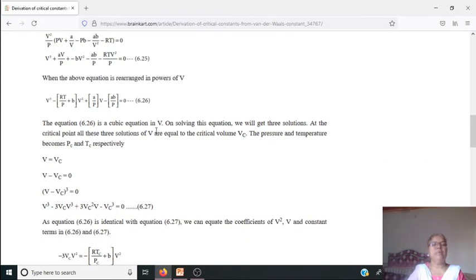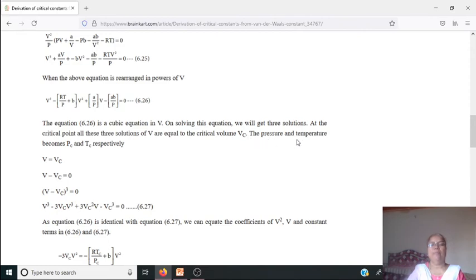And this equation is the cubic equation in V. On solving this equation, we will get three solutions. At the critical point, all these three solutions of V are equal to the critical value.